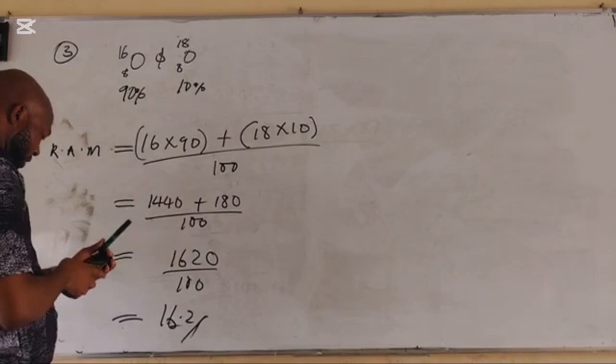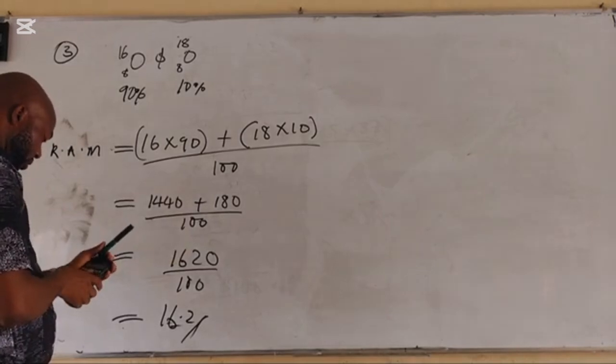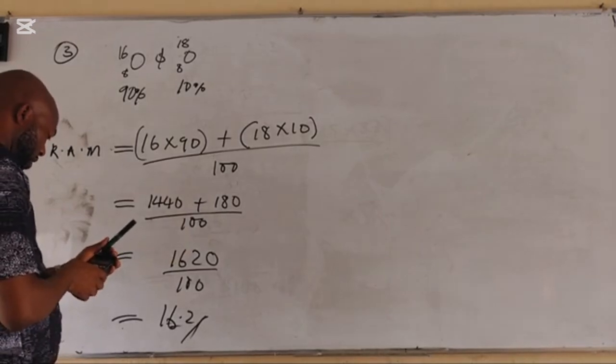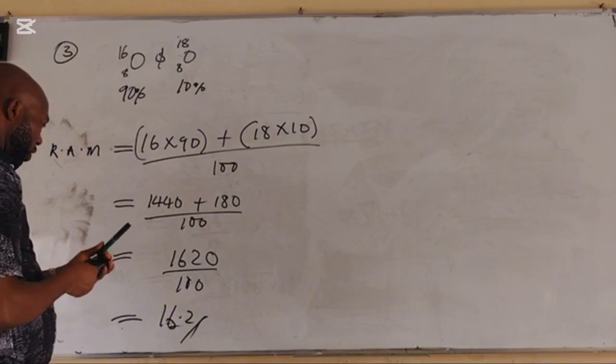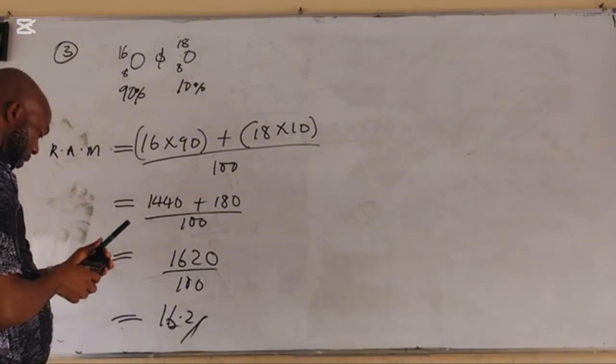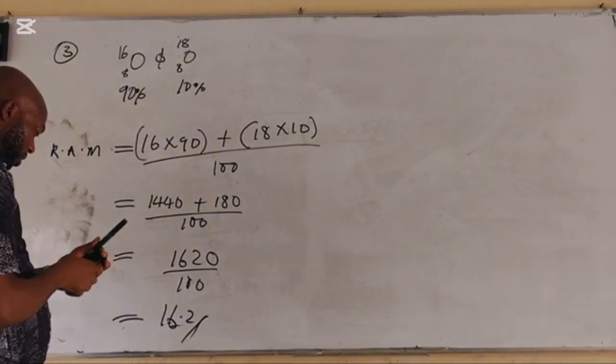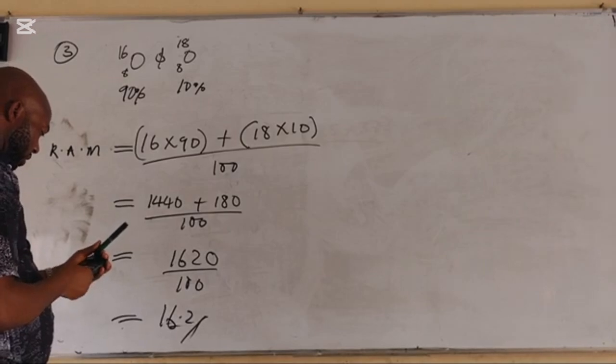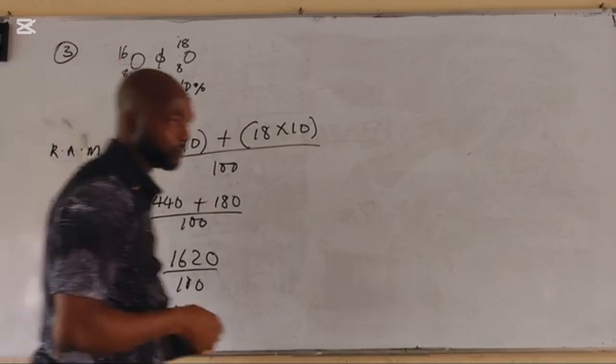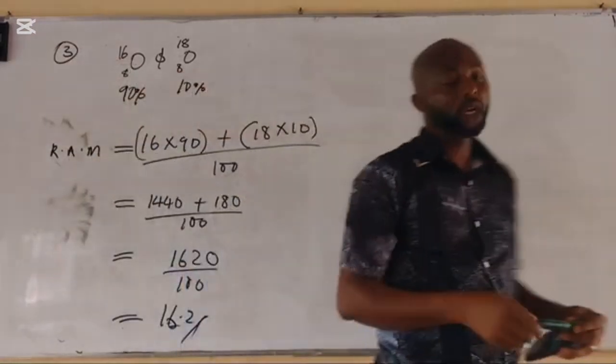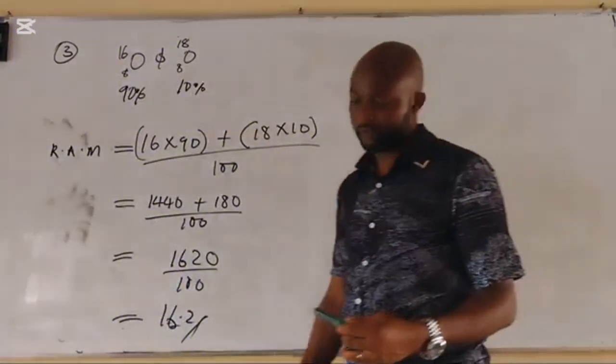I just want to cross-check again. 1440 plus 180 equals 1620, divided by 100 is 16.2. So that becomes the relative atomic mass for that.